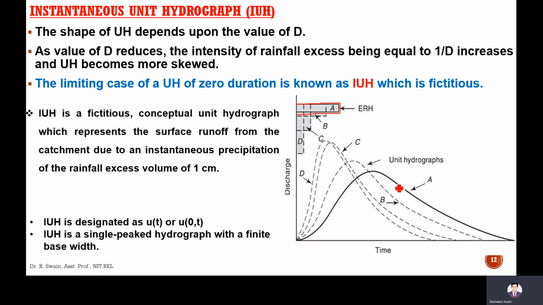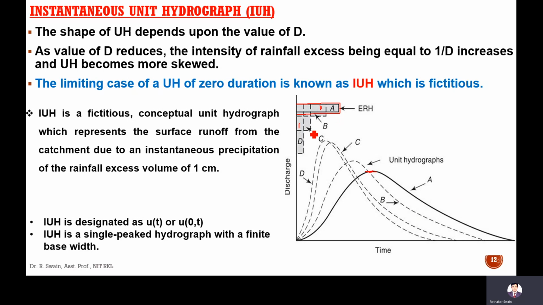Peak will be less and base time will be more, because it's the same excess rainfall but occurring for more hours, longer time. Same excess rainfall but longer time. So longer time means longer time period of flood hydrograph, and here the peak will be less. Gradually the water will pass the gauging station.